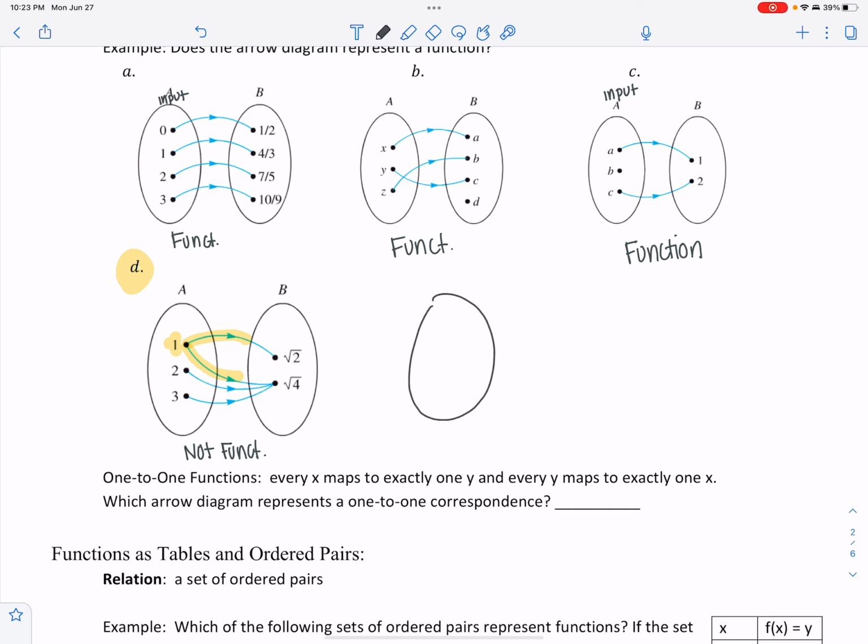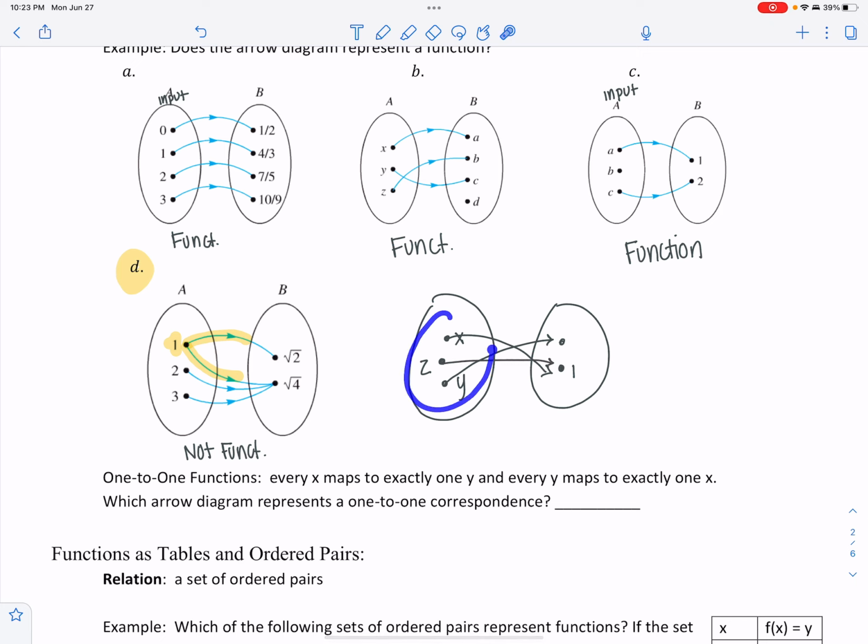Another example of a function that people sometimes get mixed up by on homework is something like this. X is going down here to 1. Y is going here. And then we have something that's going to 2 places.